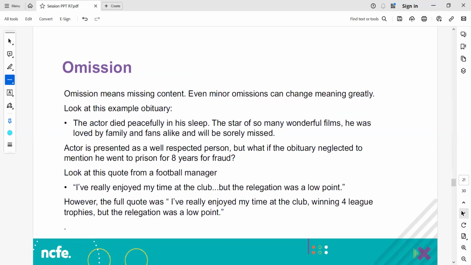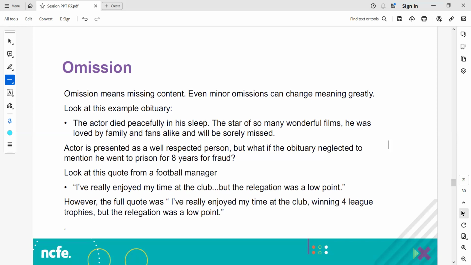Okay, so omission. And this means missing content. Missing out information can change the meaning. If we look at this example, it's an obituary. The actor died peacefully in his sleep. The star of so many wonderful films, he was loved by family and friends alike and will be sorely missed.